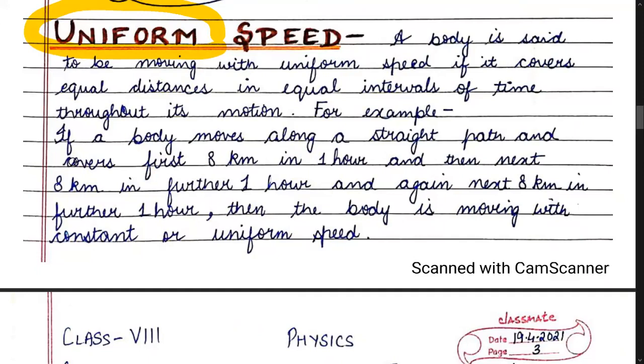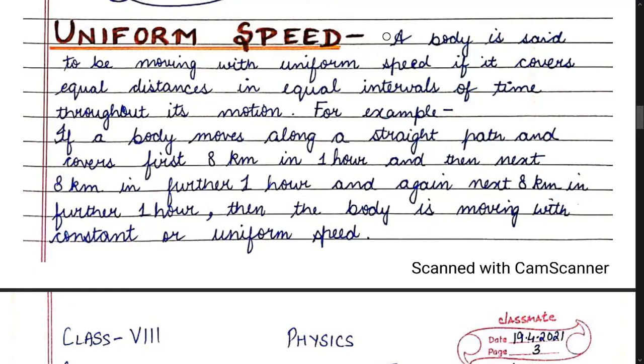So uniform means similarity, similar, same. So children, uniform speed. By its name, we can understand now that the speed is same throughout. That means you are traveling with same speed.